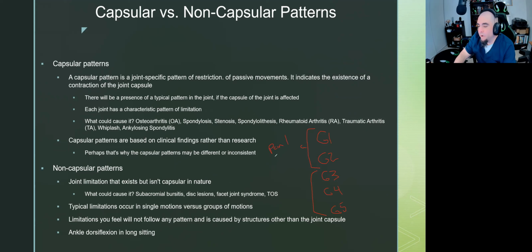Grade 1 and grade 2s are for pain and swelling, and grade 3s and grade 4s are for range of motion. So if you had to hazard a guess here, what phase of healing would you do grade 1 and grade 2s in?